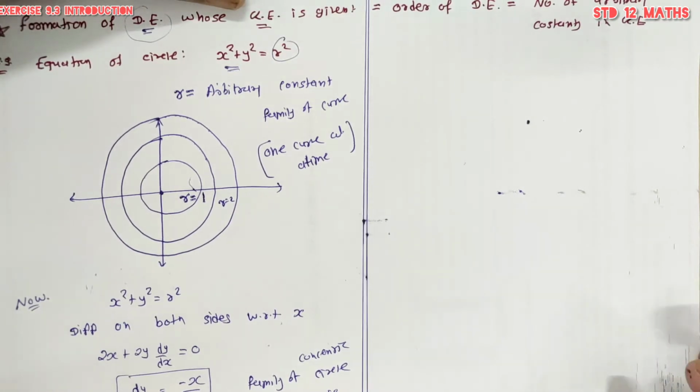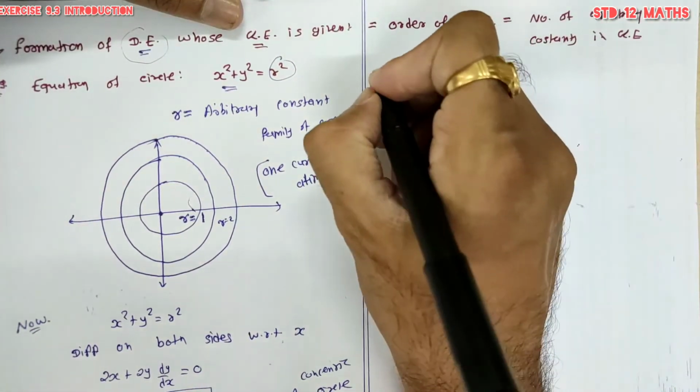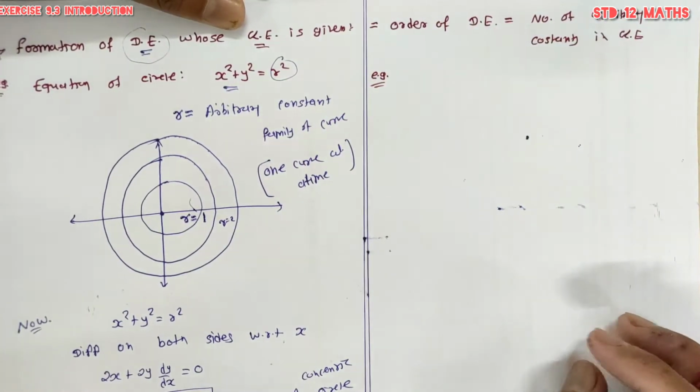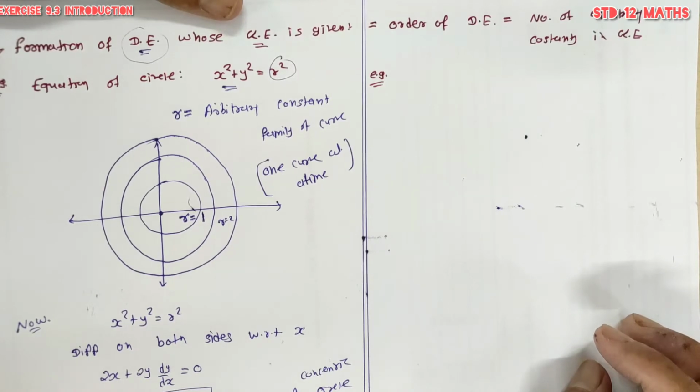Let's consider one more example. Suppose we have to obtain the differential equation of the family of ellipses.